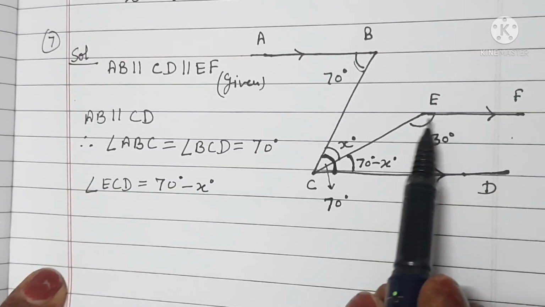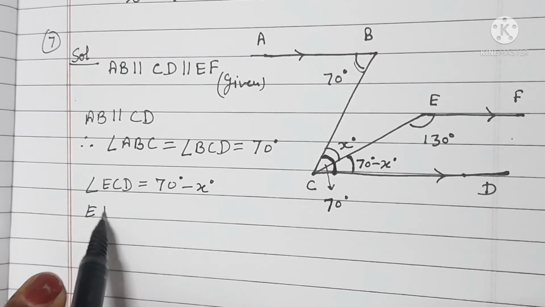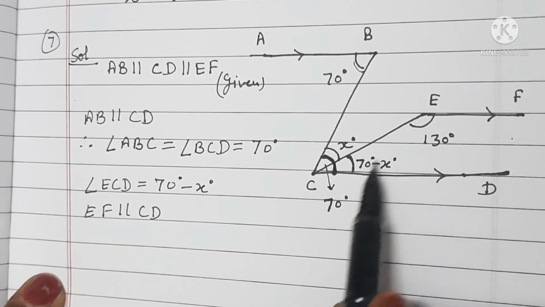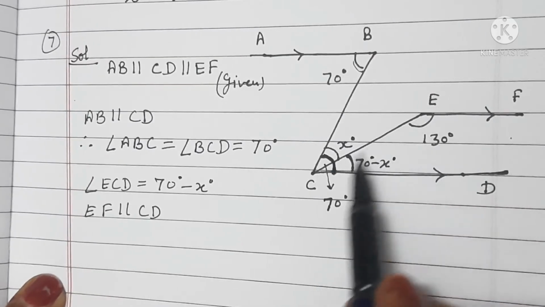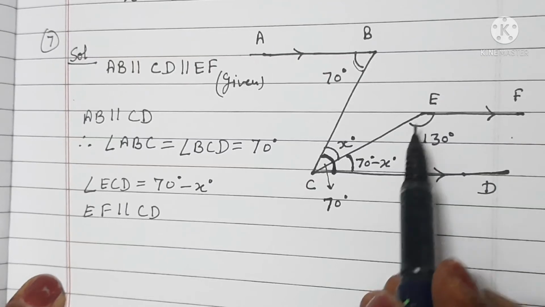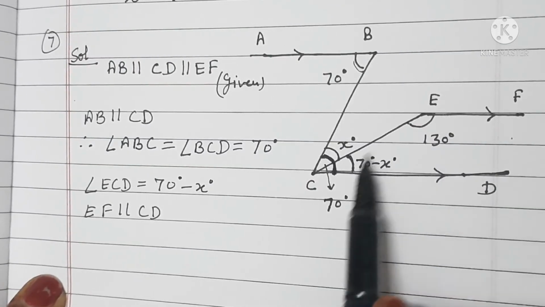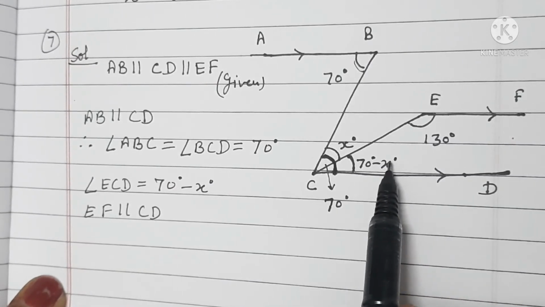Now taking the other pair, EF is parallel to CD. It means these are co-interior angles, and here EC is the transversal. So you will take the sum of this 130 degree plus 70 degree minus X degree is equal to 180 degree.